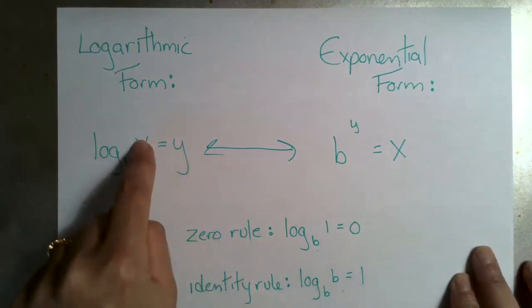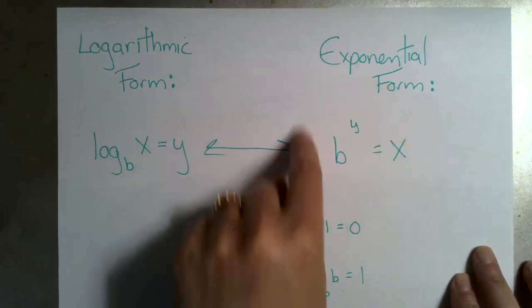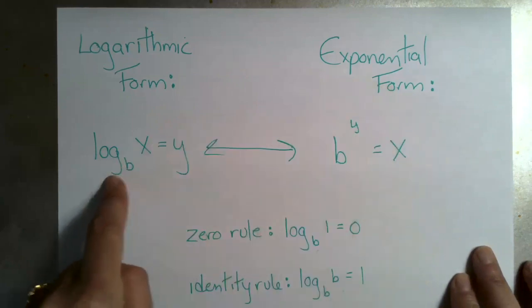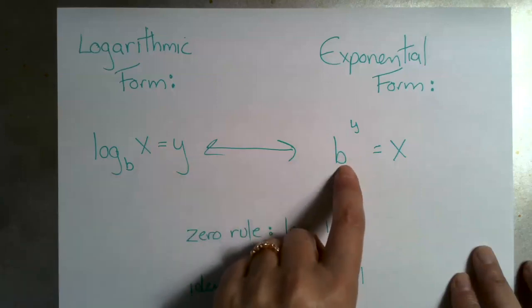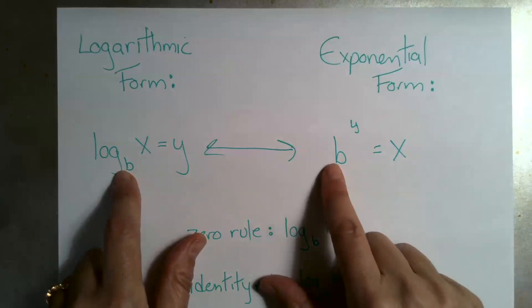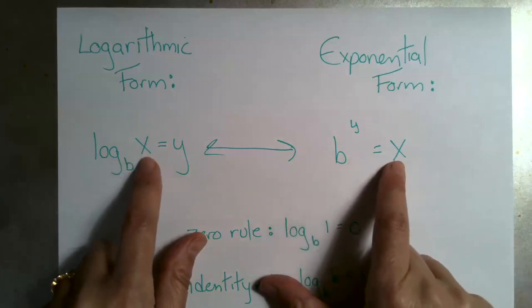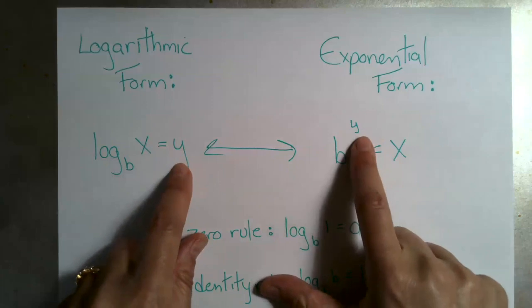To get from exponential form to logarithmic, b is our base, so log base b of x equals y.